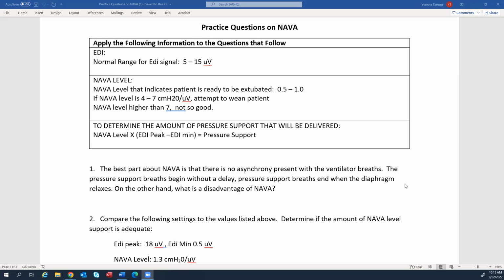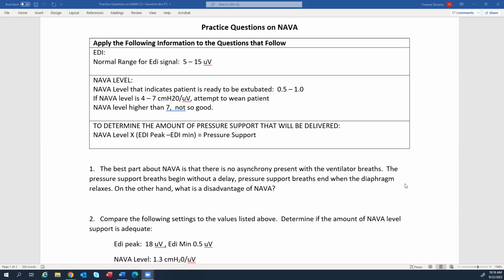The signal that is being measured from the diaphragm is measured in microvolts. So we know that with normal work of breathing, the amount of muscle contraction is registered as between 5 and 15 microvolts.